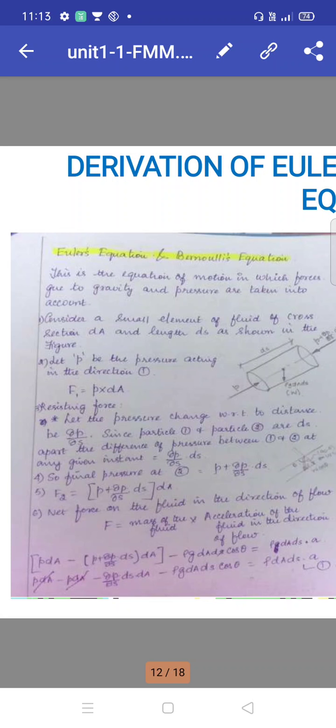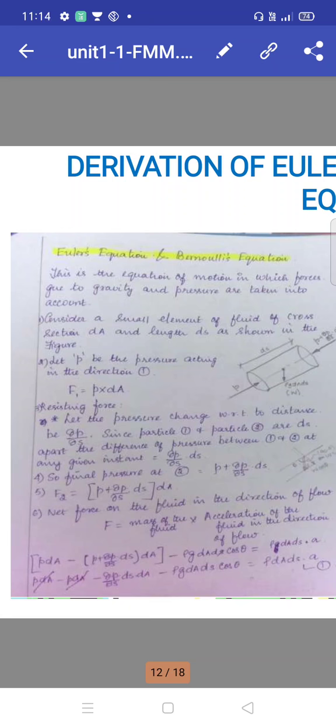Since particle 1 and particle 2 are apart, the difference of pressure between 1 and 2 at any given instant is dou P by dou S into ds. So the final pressure at section 2 is pressure plus dou P by dou S into ds.